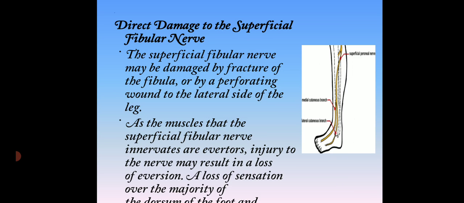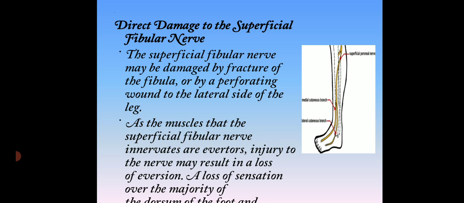Next, we are going to see the direct damage to the superficial fibular nerve. The superficial fibular nerve may be damaged by a fracture of the fibula or by a perforating wound to the lateral side of the leg.